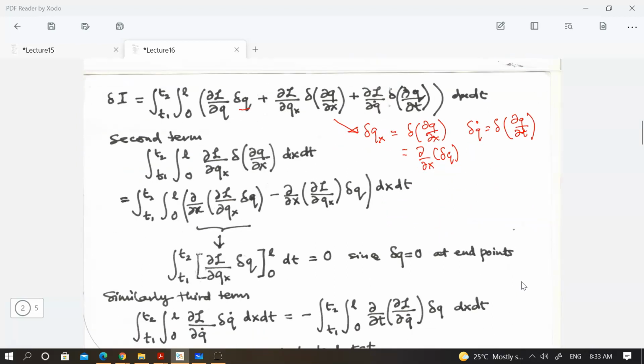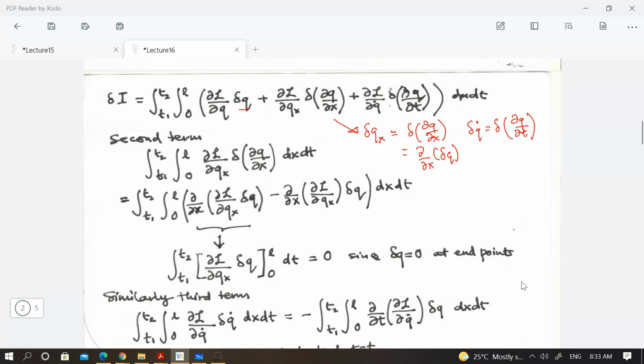and then what happens, you have a boundary term here which depends on the total derivative of the whole thing, minus the derivative of your partial L, partial Qx, and then delta Q. So we have essentially removed the derivative on your delta Q. Okay, but then we have this extra term.